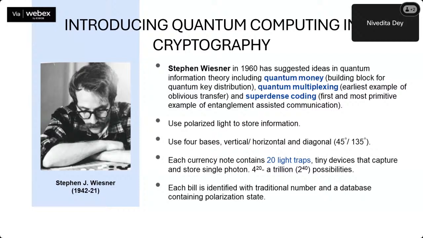That is a trillion possibilities. And each note is identified with a traditional serial number and a database containing the polarization state. That is, somewhere I am writing it down in a database, that this was the polarization state and this was the traditional number associated with this particular note.